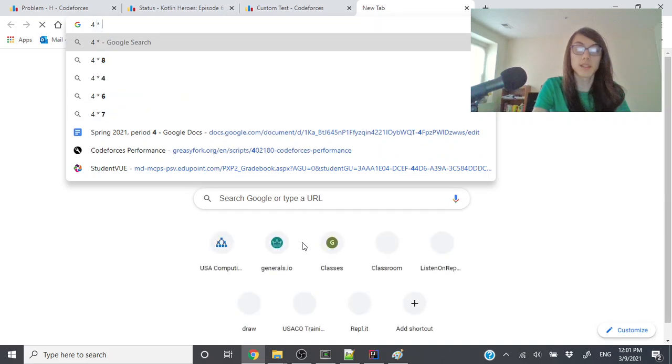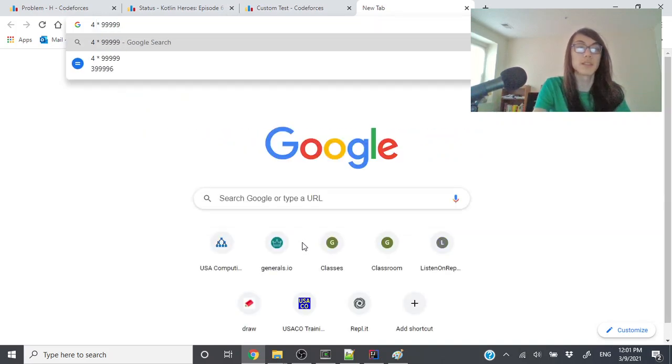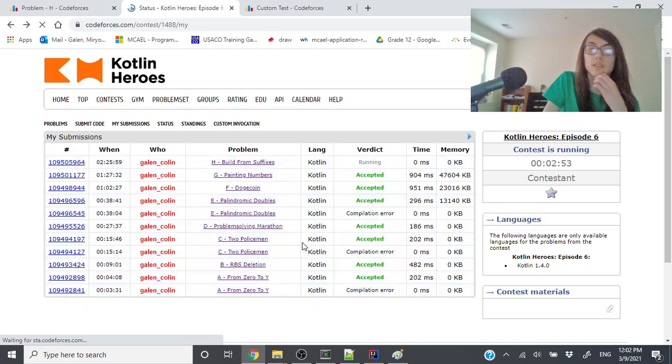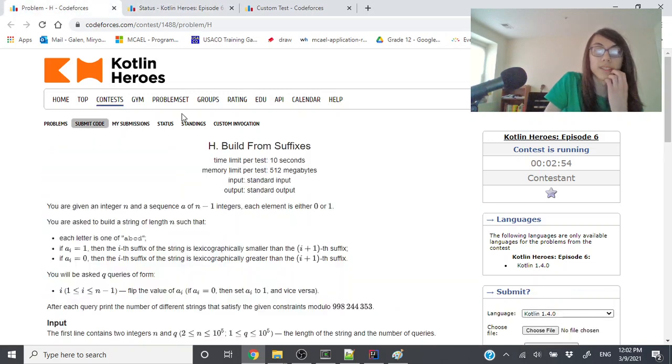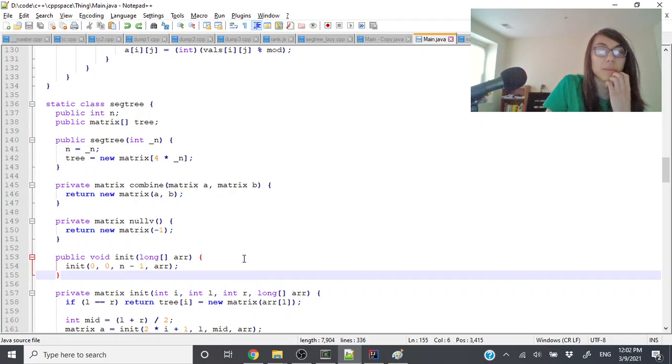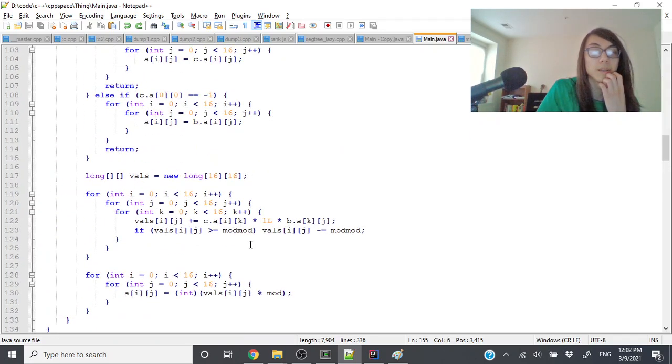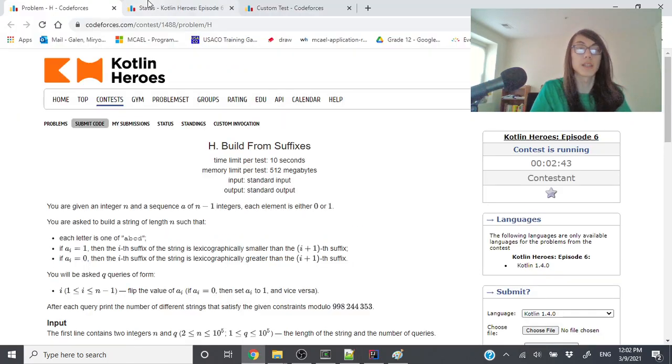So it's 4 times 99999 times 16 squared times 4. So it should be fine. Should be fine memory-wise. Problem would be time-wise.